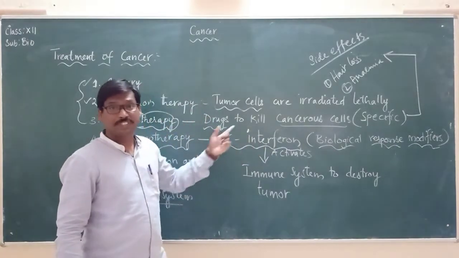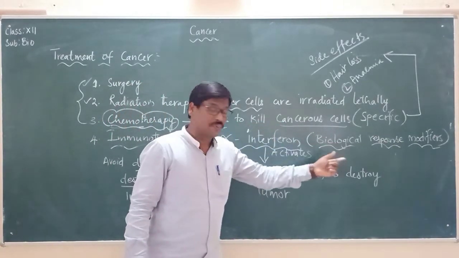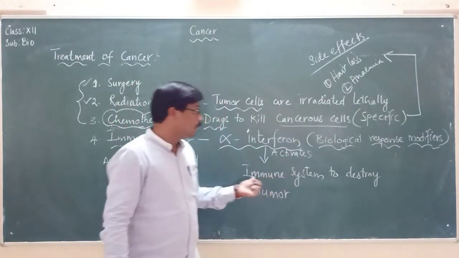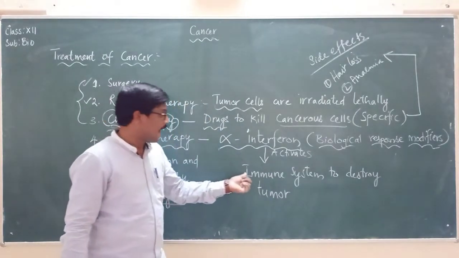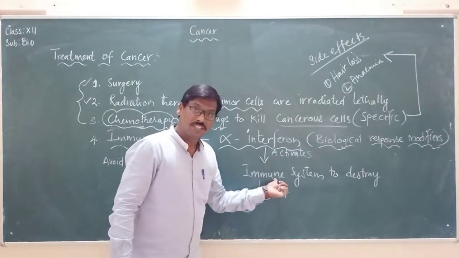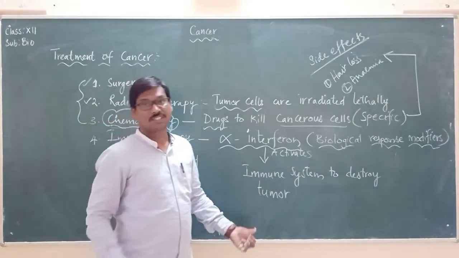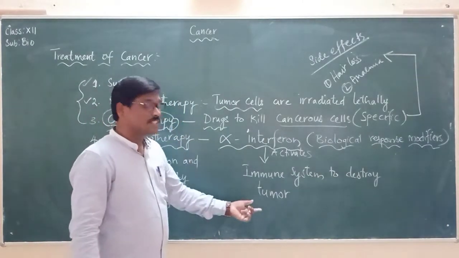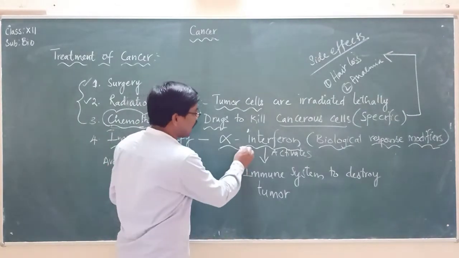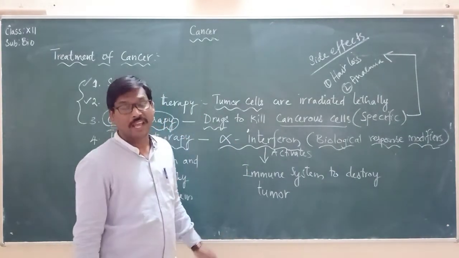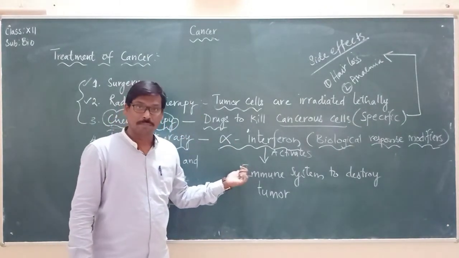Alpha interferon, which is a biological response modifier, activates the immune system of a person to destroy the tumor cells. So we have to remember that tumor cells can be destroyed by alpha interferon. Please remember this.